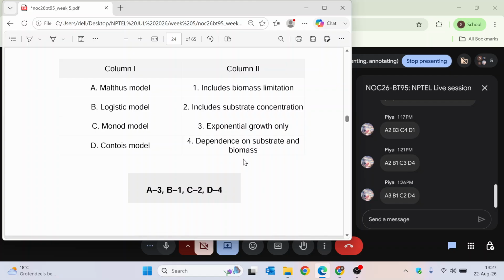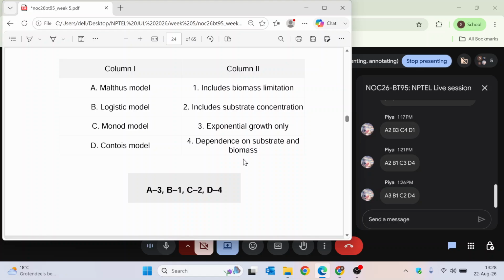Malthus model. So in Malthus model, just now we saw that it assumes exponential growth because it conveys that there is exponential growth in the microbial population because it assumes that the substrate is unlimited, the population is not being disturbed by any environmental interferences and all.